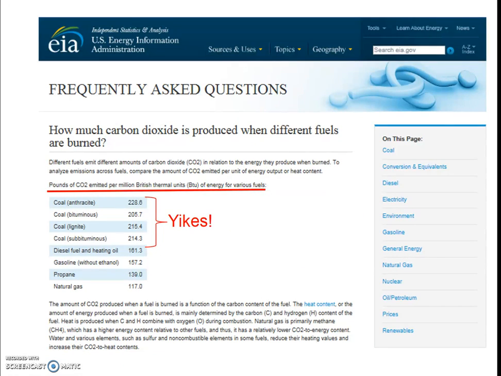Coal produces more air pollution than any other fossil fuel, and it's not even close. Sulfur oxides, mercury, particulates, and increasingly importantly, CO2, carbon dioxide. As the world tries to dramatically and quickly decrease CO2 emissions to try to avoid the most disastrous impacts of climate change, the U.S. is having a really hard time not using coal.